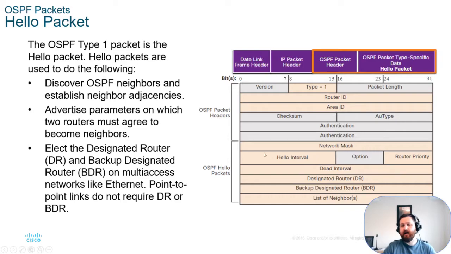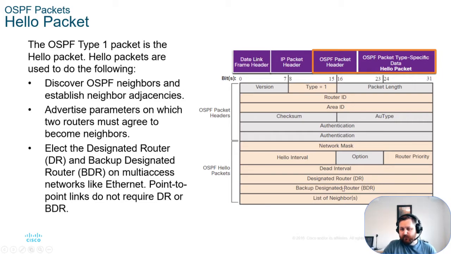It says, hey, how frequently should I check to see if the other connection is still up and operational? And then the dead interval is, if I don't see a hello message within a certain period of time, I'll consider this link dead, and then we have to go through the SPF algorithm again to figure out the next best path if we have an alternative path.